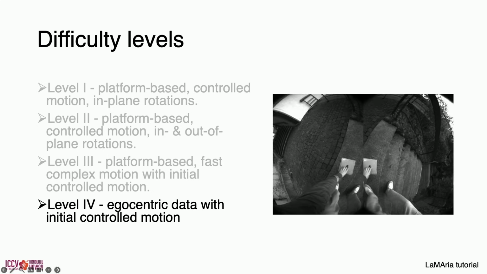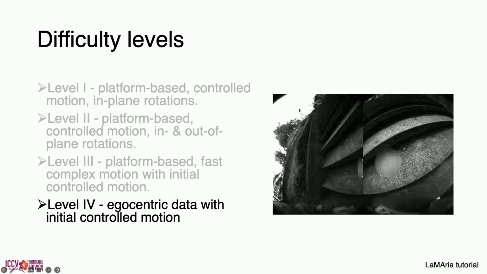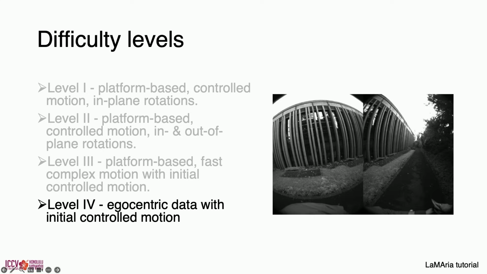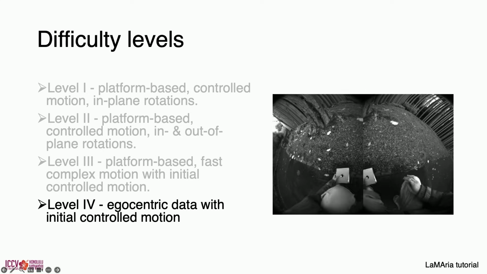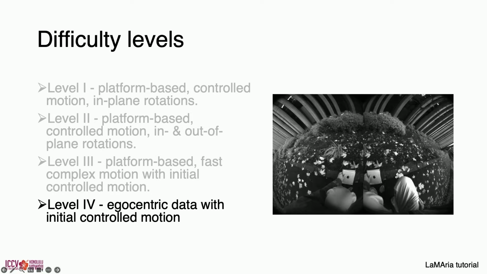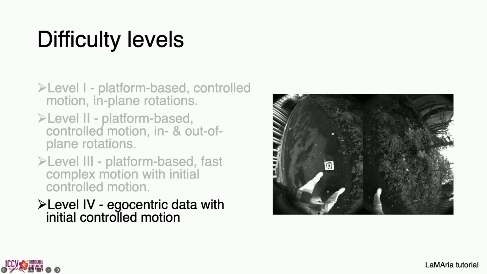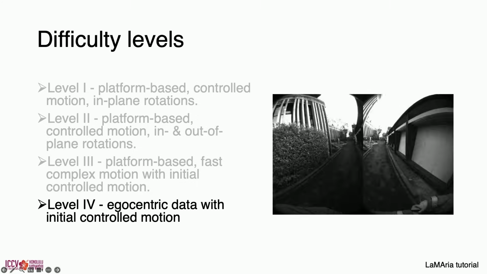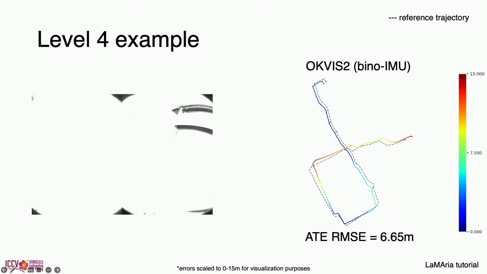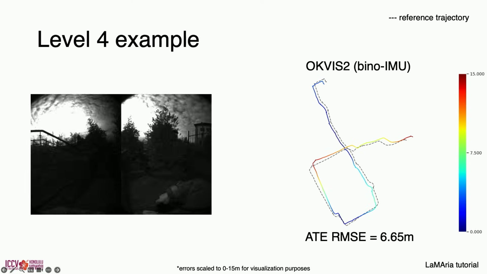And finally, level 4 is our bridge between the platform recordings and our main data set, where it's egocentric, so it's head-worn. But we have this initial controlled motion, which is, again, just to allow IMU initialization for these baselines. And in this case, again, the errors are larger than level 3.